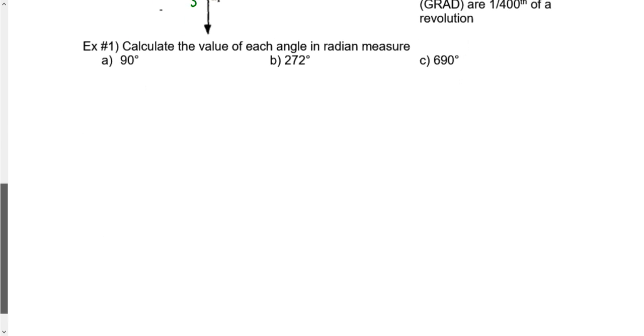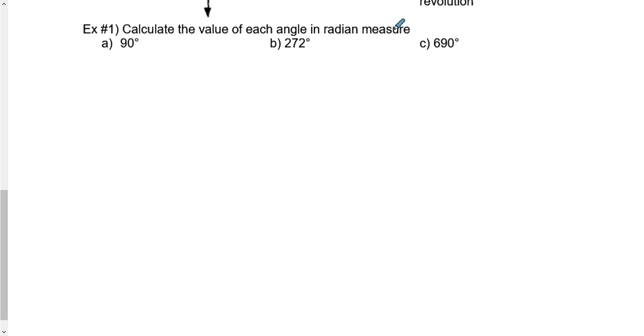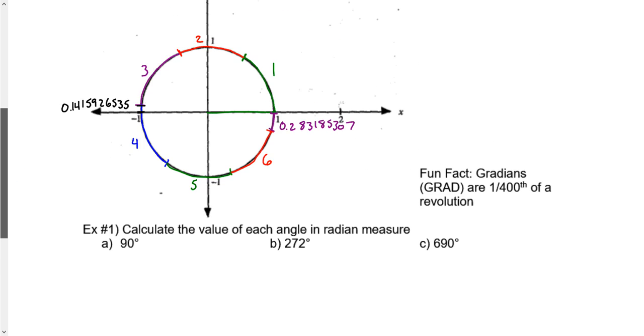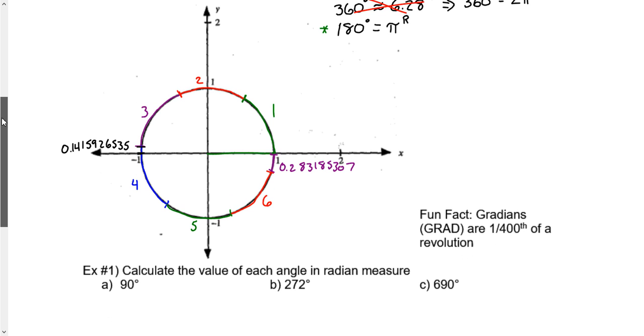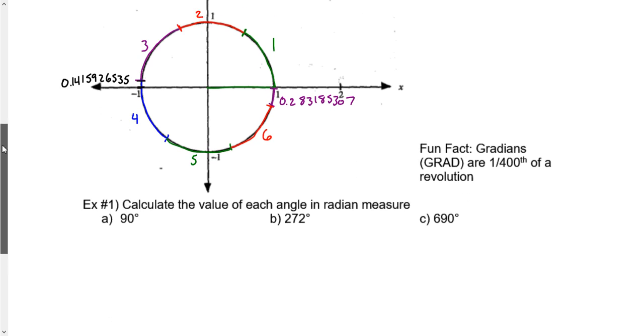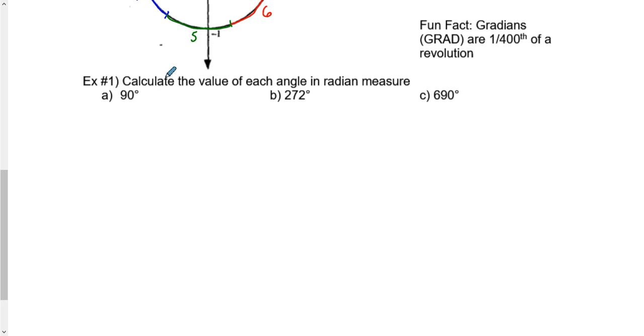All right. So we're going to calculate the value of each of these angles in radian measure. That means we're going to use these conversions. I preferably stick with 180 as pi radians because it just works out a lot nicer. You also don't have to do as much reducing. If I want to convert 90 degrees into radians, I'm going to set up a dimensional analysis. 180 degrees is pi radians.